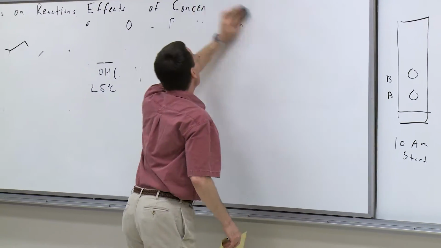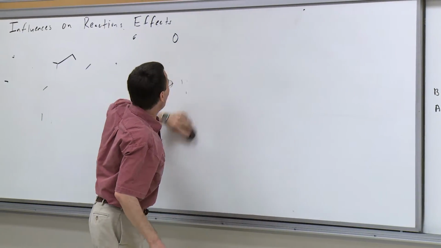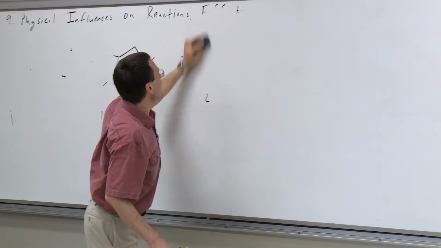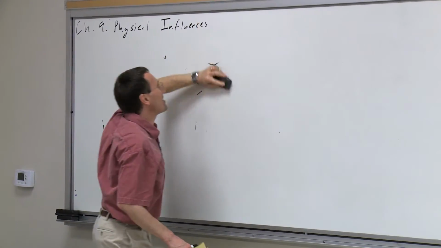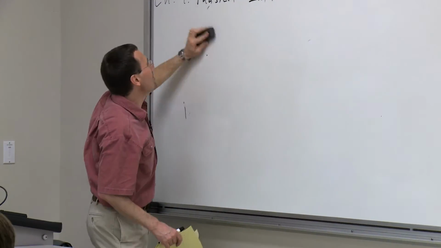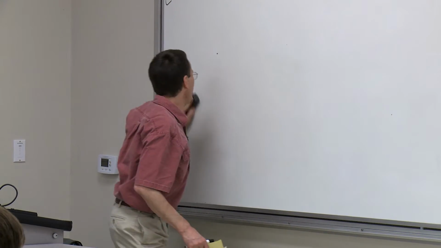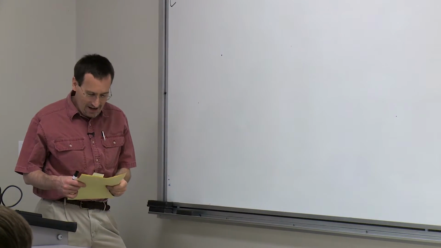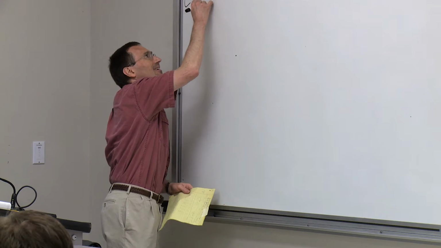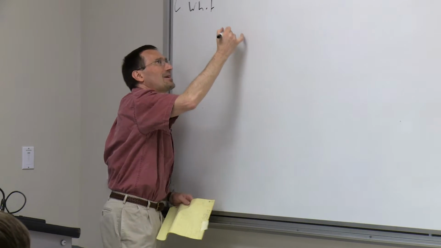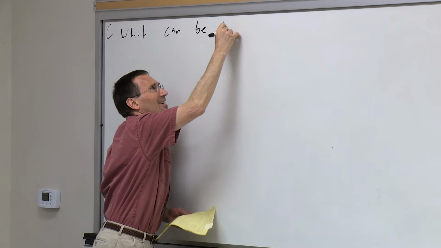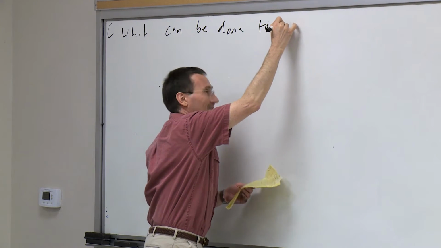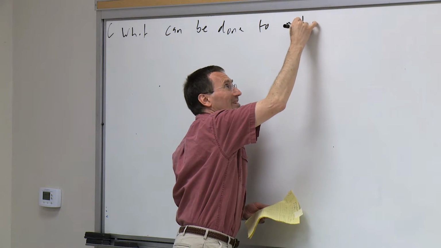And the most effective people in synthetic organic chemistry are the ones who can take charge of their reactions and make the chemistry work the way you want it to work on a reasonable time scale. In other words, we've got the problem, what can be done to make this reaction go to completion?